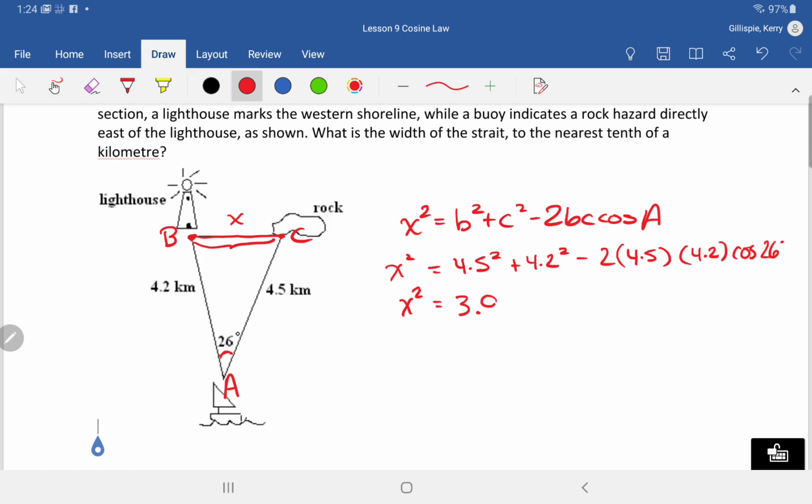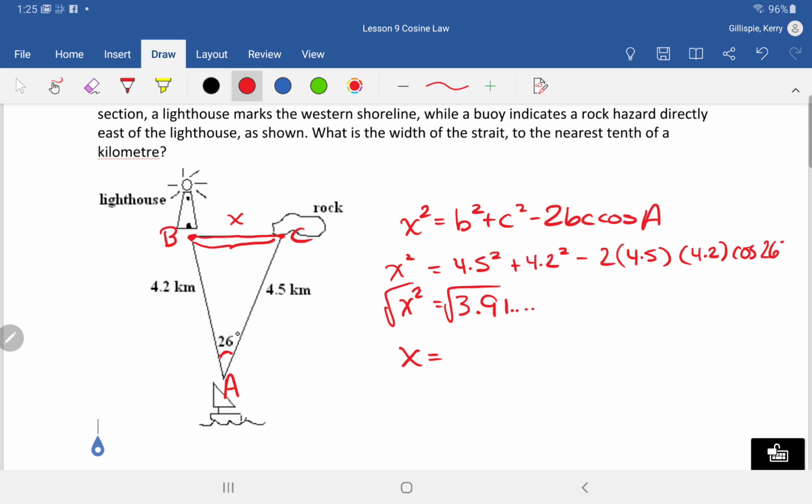And I get 3.91. It does keep going still. Remember, that's not our answer yet, because that is what x squared equals. So the last thing we have to do is take the square root of both sides to get x.